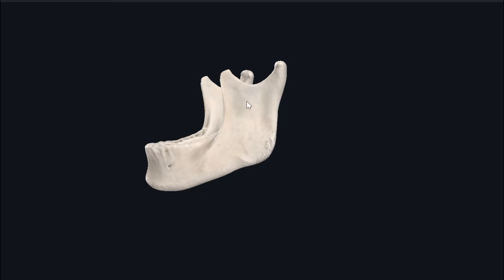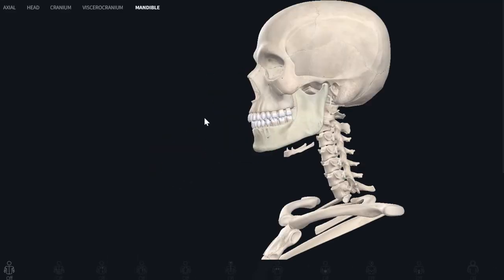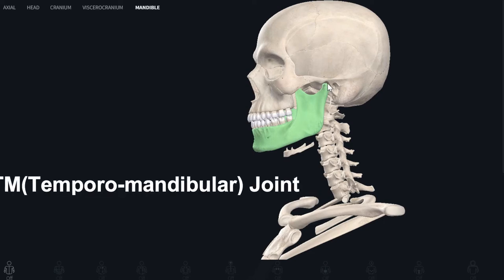This ramus again has two processes, anteriorly the coronoid process and posteriorly the condylar process. This condylar process articulates with the skull, forming right here the TM joint, called the temporomandibular joint.